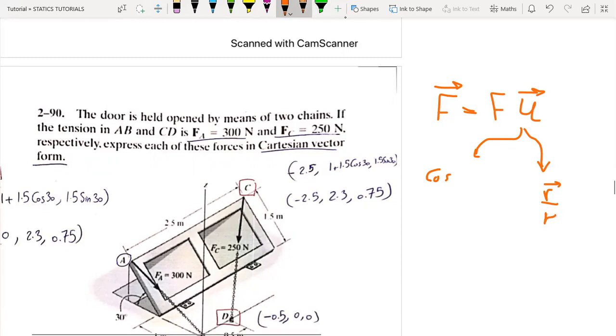The position vector: if we have a vector in the coordinate system, let's say here the point is B, and here the point is A, here it is r AB.